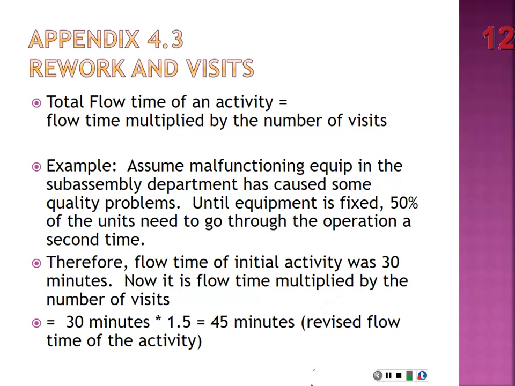Now its flow time is multiplied by the number of visits, so 30 minutes times 1.5 is 45 minutes. So we revise that flow time that was originally 30 minutes for that activity. Now we up it to 45 because we have units that have to repeat the process. Okay?